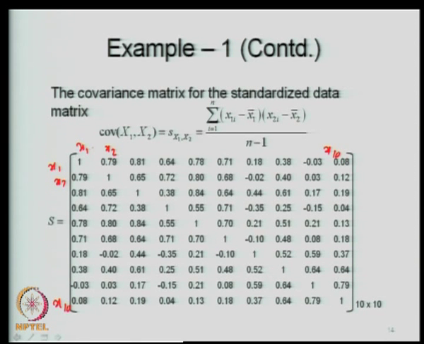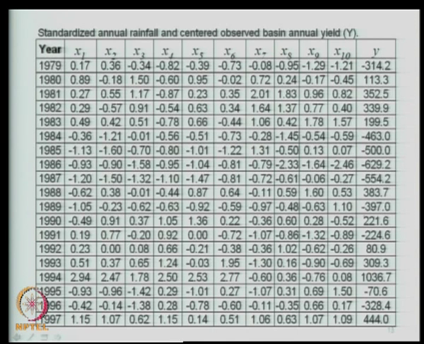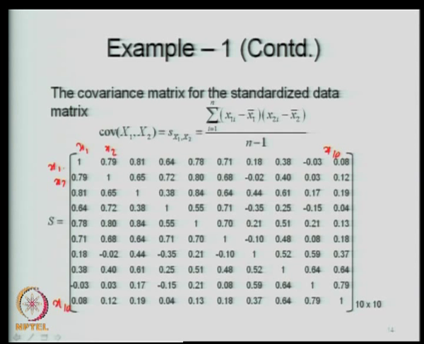The covariance of x1 with x1, x1 with x2, x1 with x3, this is what we obtain here. Remember, we are talking about the standardized variables, and that is why you get the covariance of x1 with itself as 1, and all diagonal elements will be 1 here.